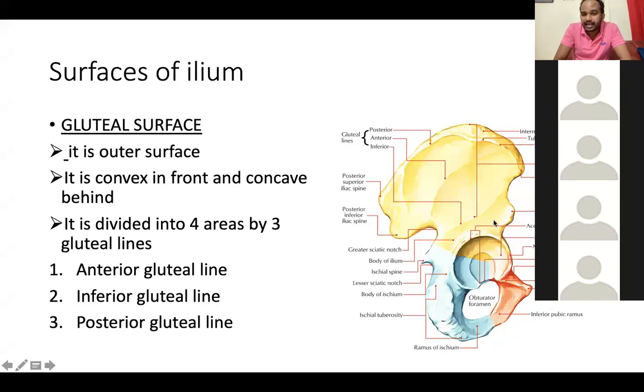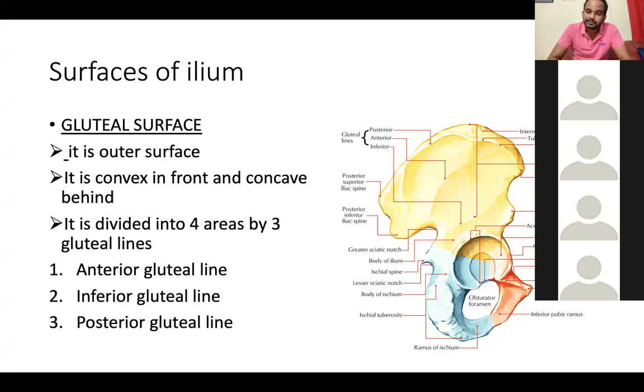The area below the inferior gluteal line will give origin for the reflected head of rectus femoris muscle.